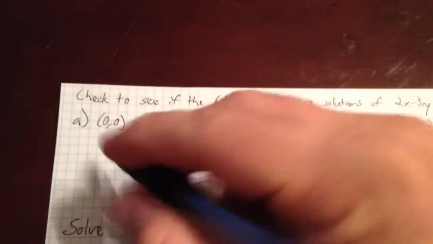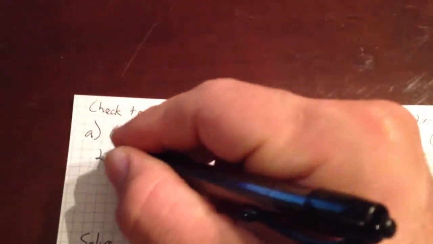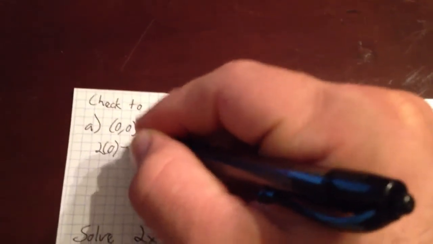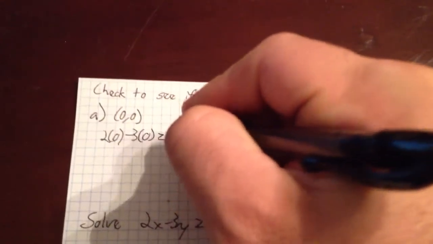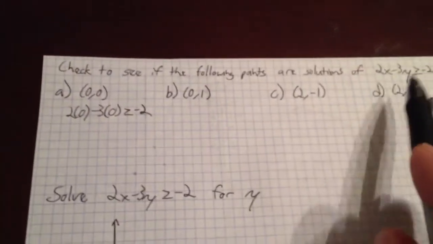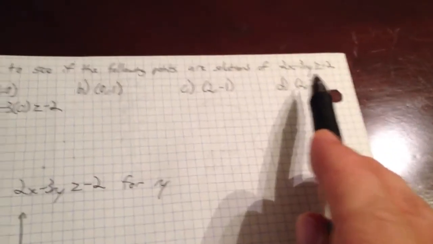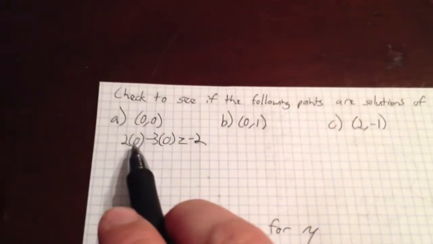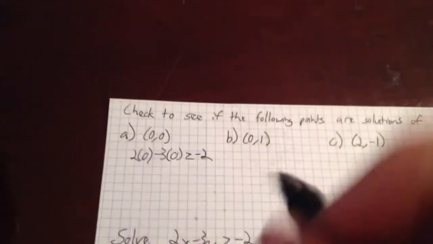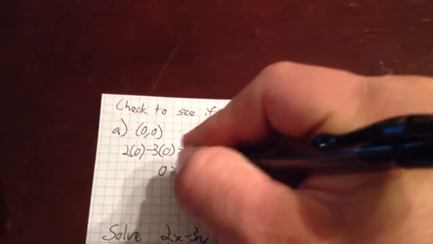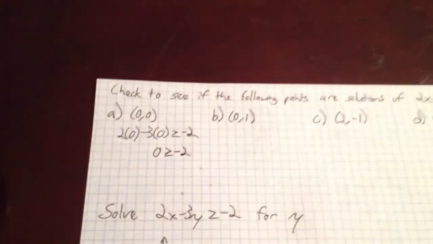So when I plug in (0, 0), 2 times 0 minus 3 times 0 is greater than or equal to negative 2. Substituting that into our inequality over here, 2 times 0 is 0, 3 times 0 is 0, so 0 minus 0 gives me 0 greater than or equal to negative 2.